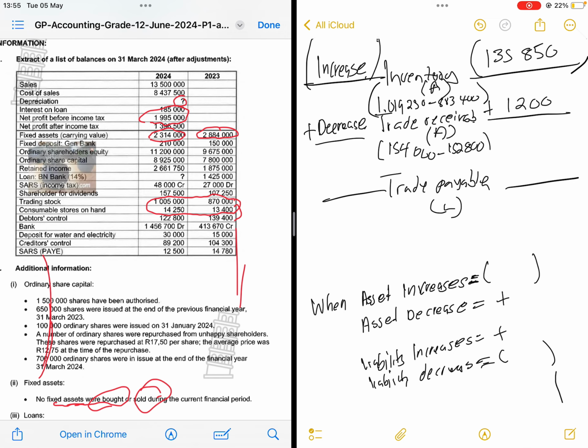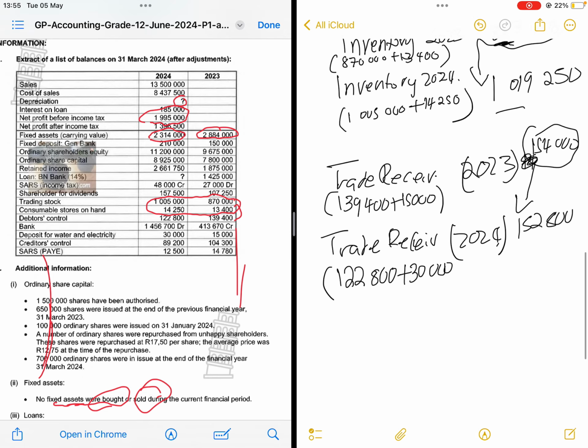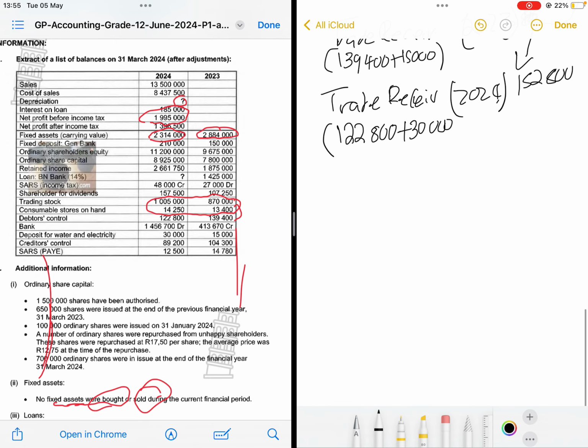SARS payee. I'm going to consider creditors control and SARS payee. Do the same thing. You're going to say trade payable in 2023, the trade payable in 2024.